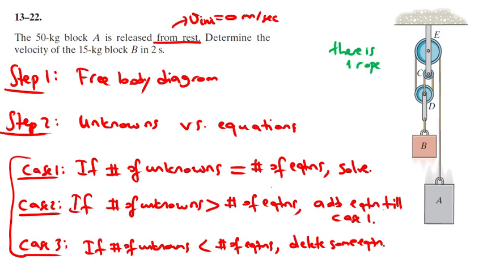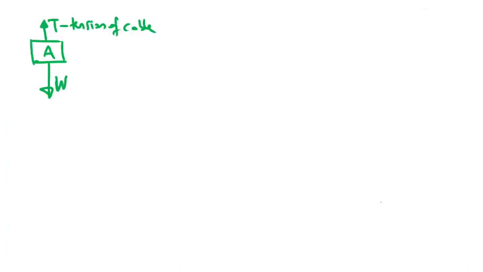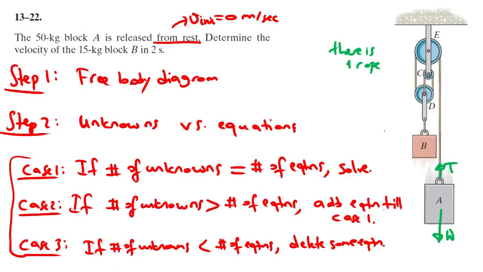A will have a weight, I'll just put it as W, and it has the tension of the cable, T. The cable keeps the T, and this one tries to go down, W. And then of course, as always, we will have the acceleration, so MA.